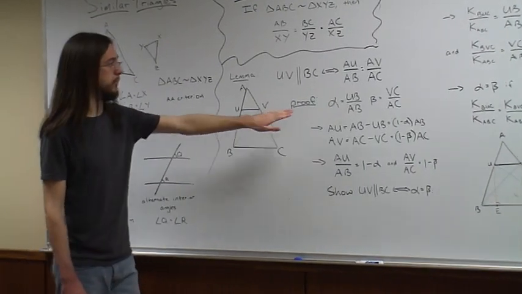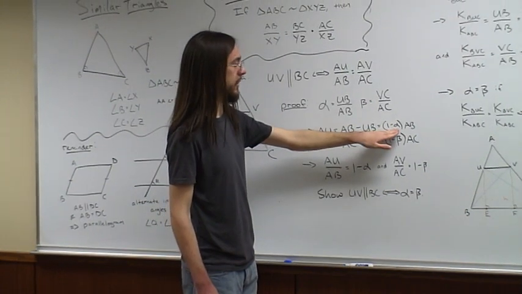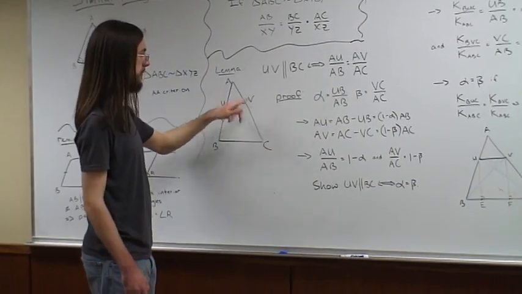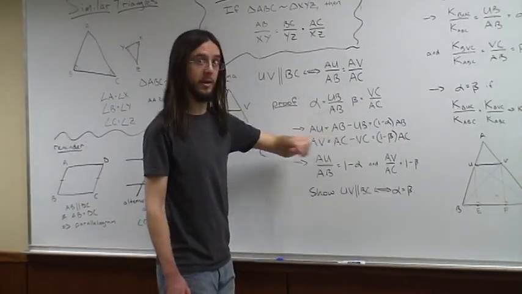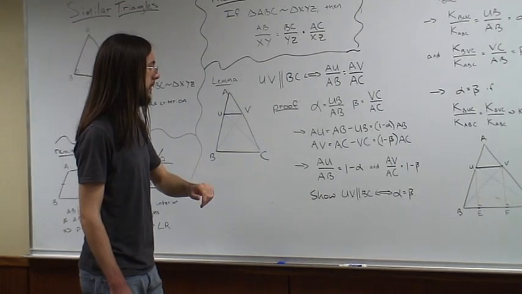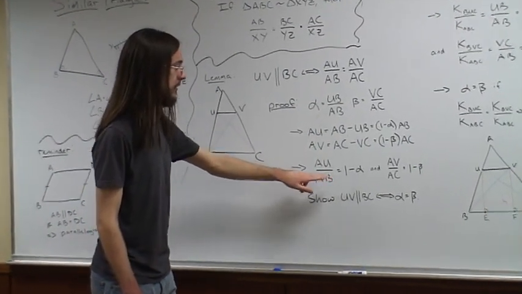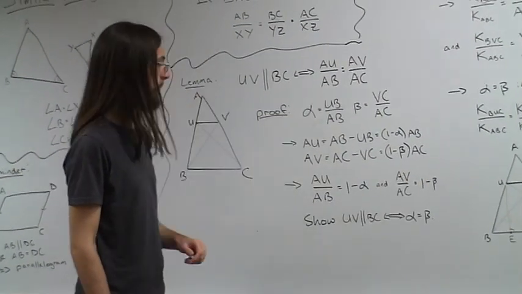And using our proportions here, that means that AU is equal to (1 minus alpha) times AB. And in a similar way, we have that AV equals AC minus VC, which is equal to (1 minus beta) times AC. Moving a couple things around here, we have that AU over AB is equal to 1 minus alpha, and AV over AC is equal to 1 minus beta.